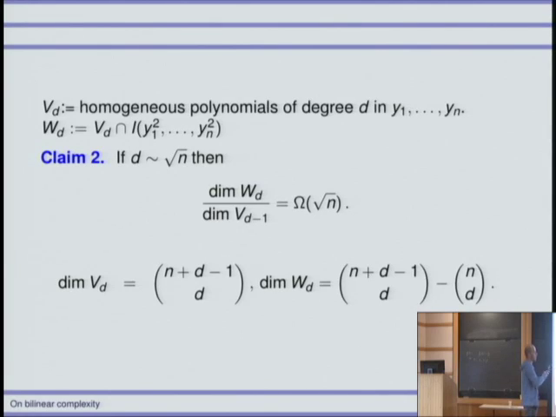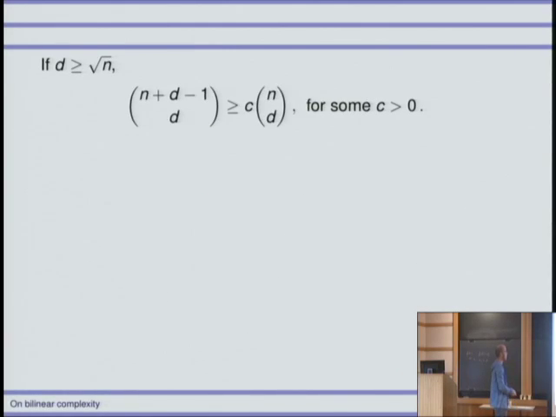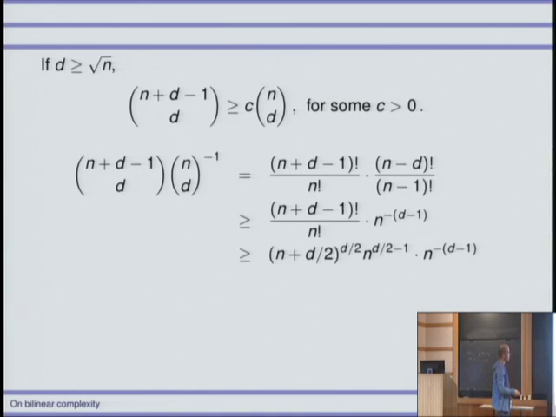So the bases here are all monomials of degree d except those which are multilinear. And there are n choose d multilinear monomials. So those are the two quantities that you are playing with, and the rest is just a computation, which you can look at. Yes?